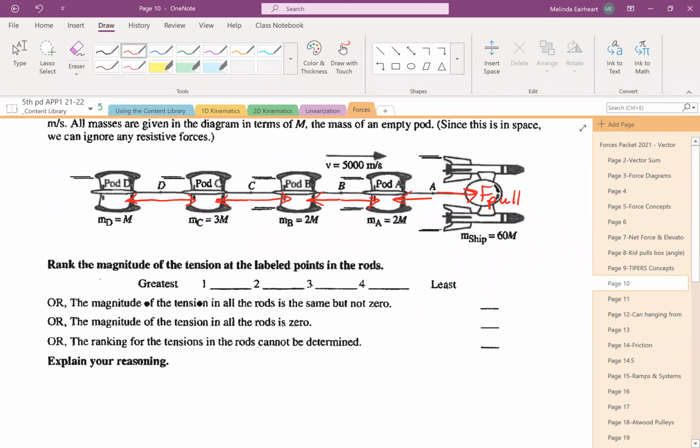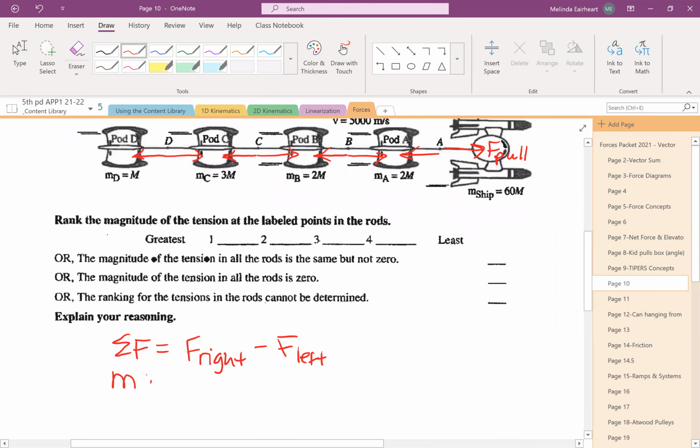And so after you draw a diagram, it would be an F net statement, right? And so maybe there's a rightward force minus a leftward force. Notice I'm being generic for a second. Everybody has 2 forces pulling on those points. And F net equals MA.